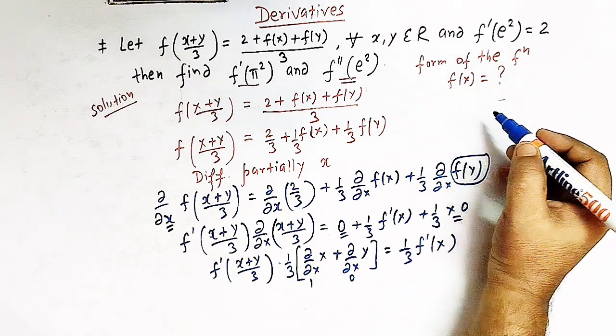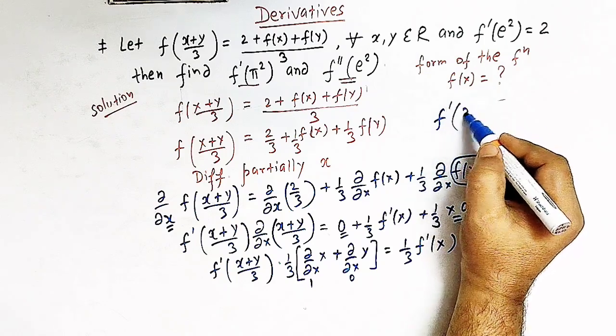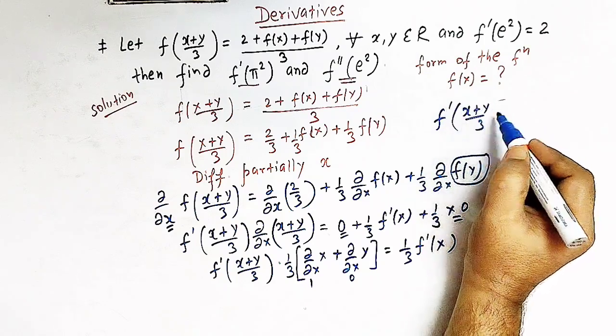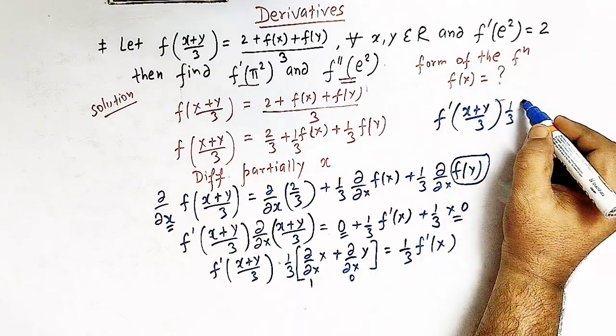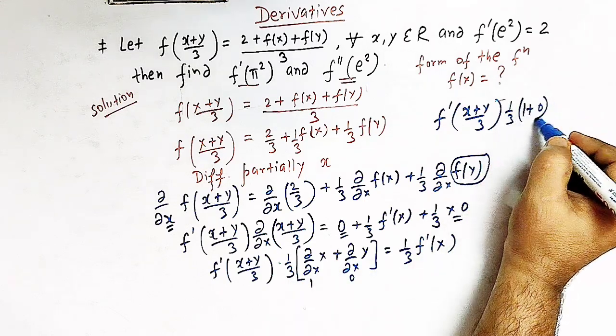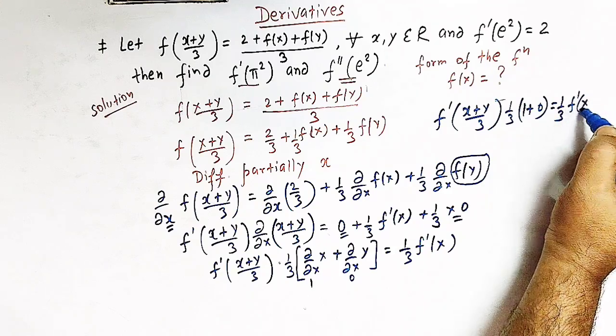So we have now this equation, f prime of (x plus y) over 3, and here we have 1 over 3 times (1 plus 0), and here we have 1 over 3 f prime of x.